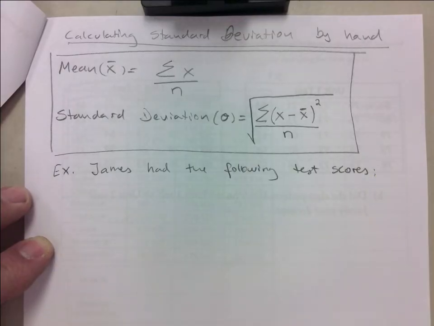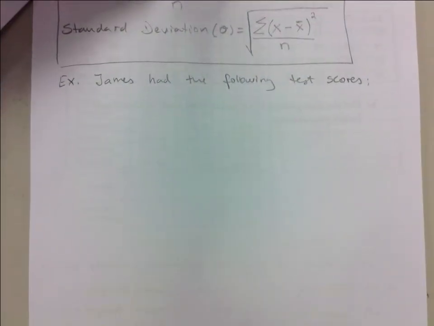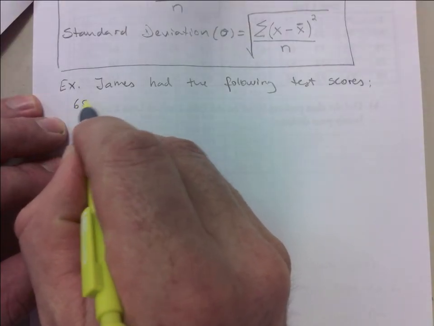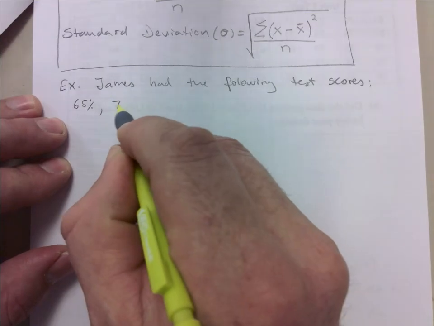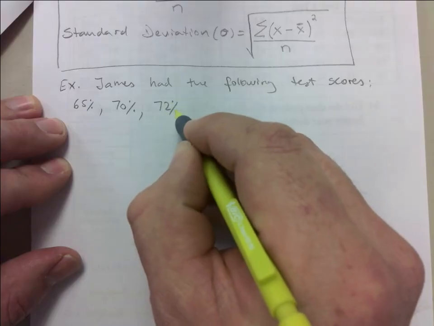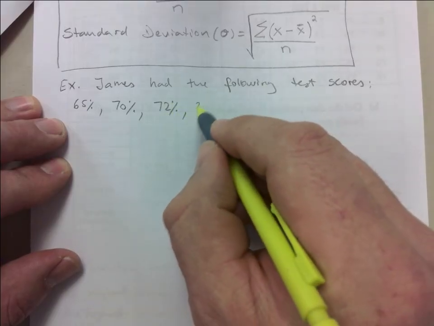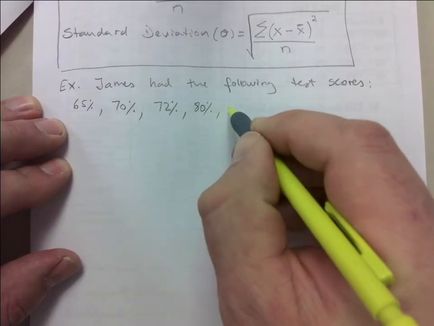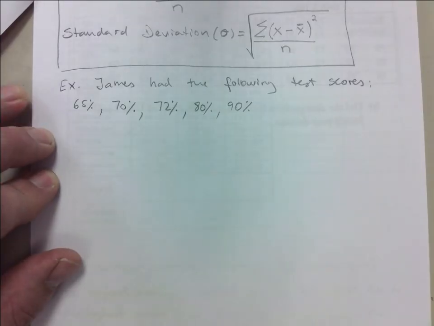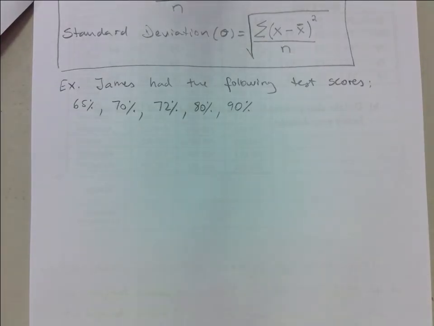So James had the following test scores. Let's say 65%, 70%. So let's just consider 5.